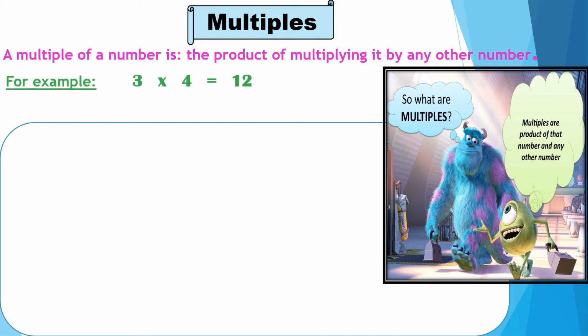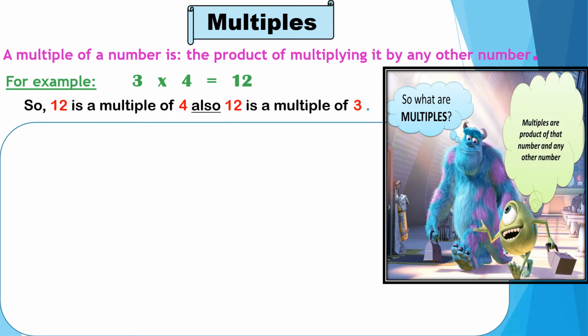For example, if we multiplied 3 times 4 equals 12, this 12, which is the product, will be a multiple of 4 and a multiple of 3. So 3 times 4 equals 12. It means 12 will be a multiple of 4 and of 3.